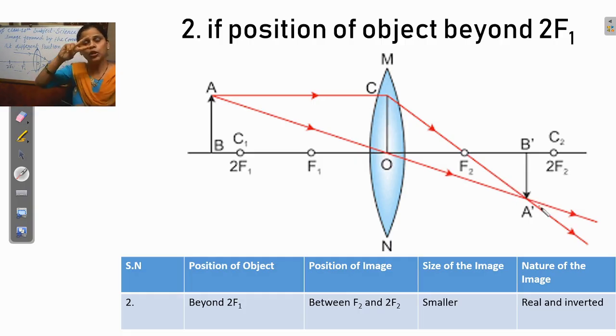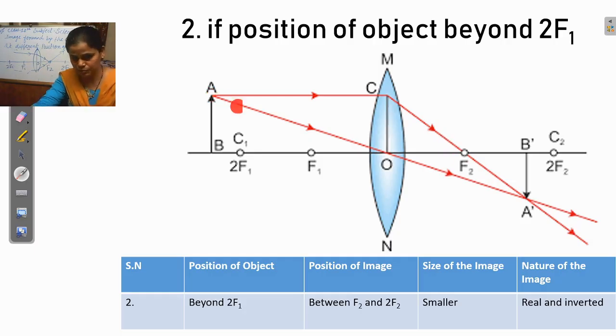We have to draw at least two light rays, following the two rules. Just consider AB is an object. When the light ray is parallel to the principal axis, then after refraction it passes through the focus.